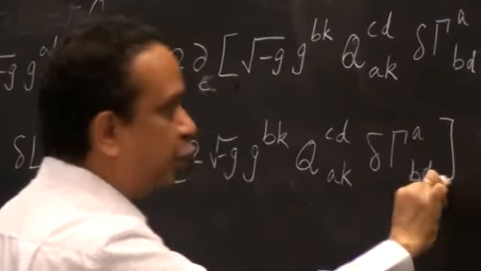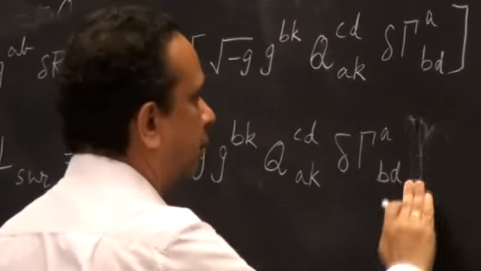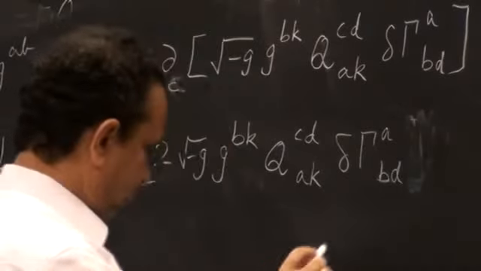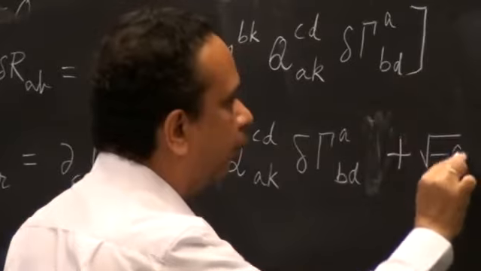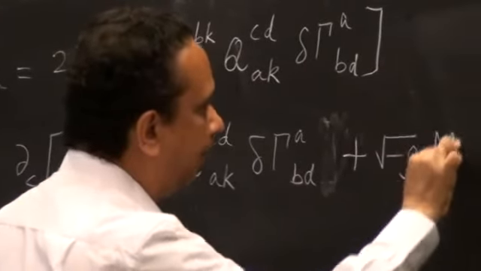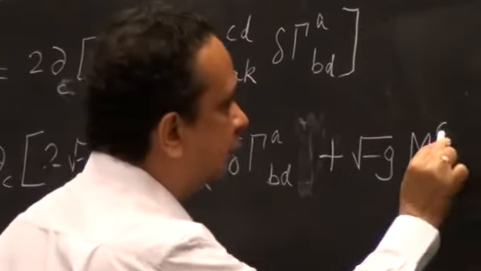Then you pick up a new term, which is interesting and which is not often explicitly shown in literature, which is plus square root of minus g, capital M. I'll write it down, then describe what it is.